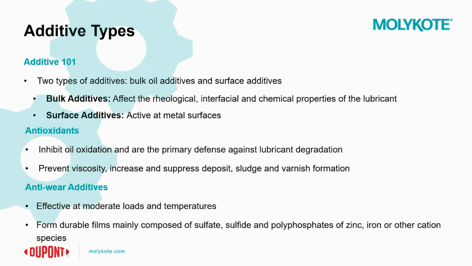Also, oxidation could potentially form an oil-insoluble sludge that would lead to eventually plugging of oil lines and filters, leading to oil starvation in machinery, and also causing adherence to the metal surface, which would ultimately accelerate wear. So antioxidant additives would ultimately mitigate these effects of oxidation and also the formation of any of these deposits like that sludge.